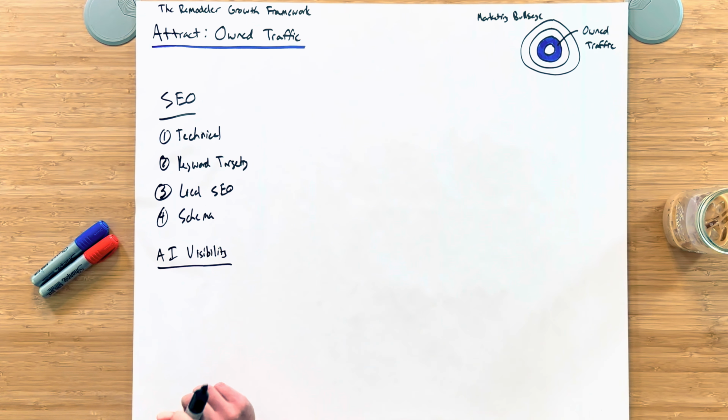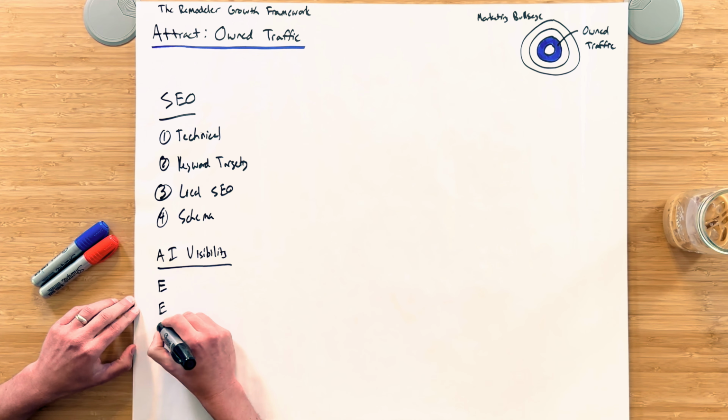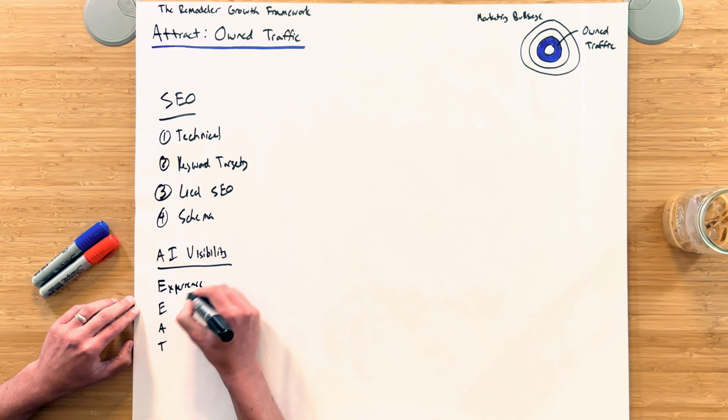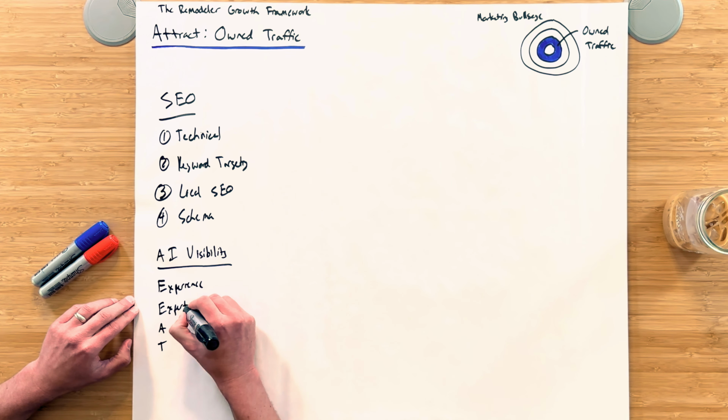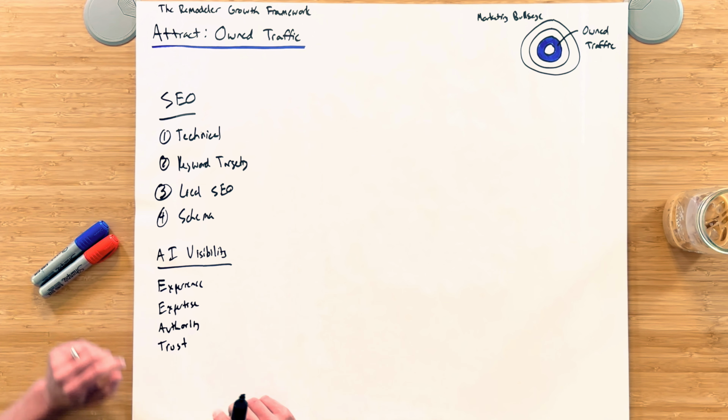And so here we talked about EEAT. This is experience, expertise, authority, and trust.